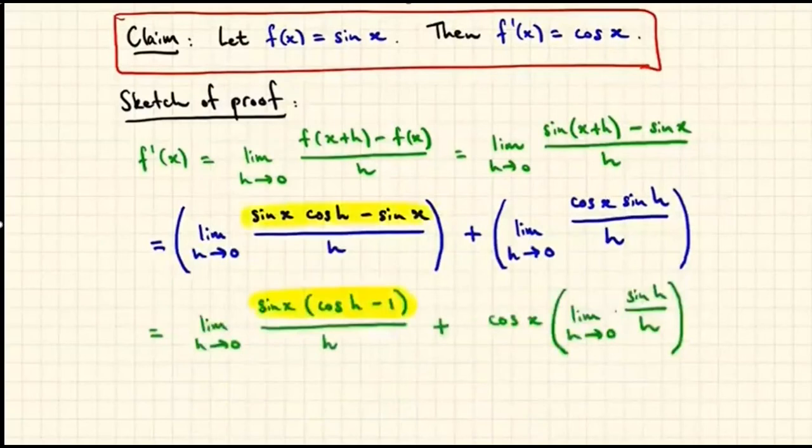And in the second limit, we have the factor cos x, which behaves like a constant, so it can come out the front. But now, in the first piece, sine x is behaving like a constant, so it can come out the front.